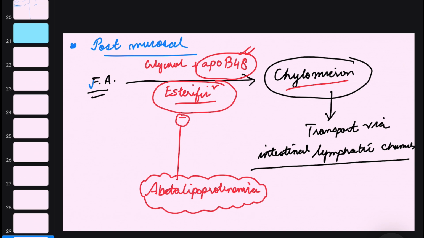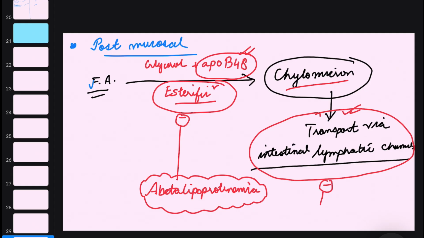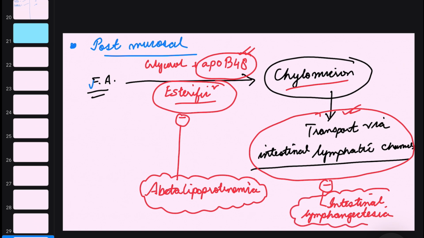The second thing that can happen is if this transport via intestinal lymphatic channels is hampered for some reason, and this happens in something called intestinal lymphangiectasia.